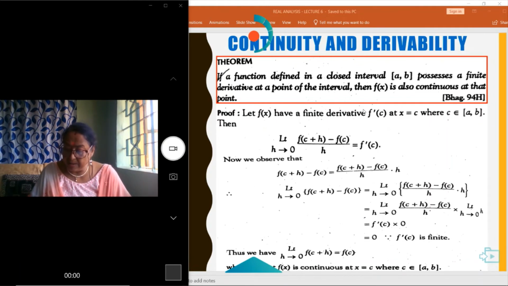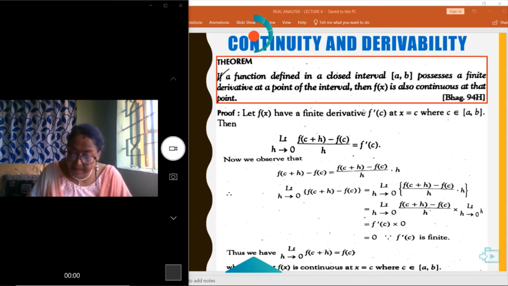Now we can observe that f(c+h) minus f(c) can be written by multiplying and dividing by h, as f(c+h) minus f(c) by h into h. Taking the limit as h tends to 0, this is f'(c) into h, which on putting the limit gives us 0.